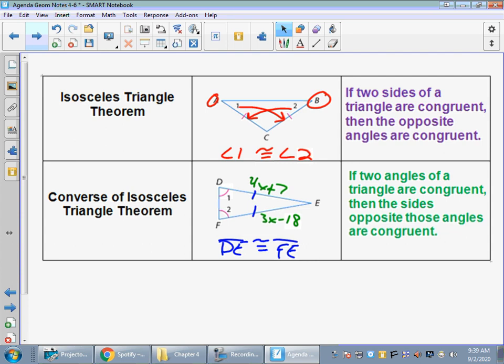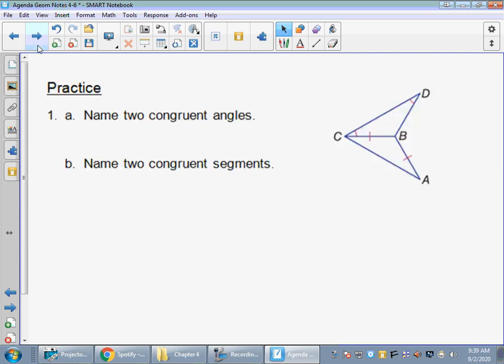Okay. First practice problem here just says name two congruent angles. Okay, so two congruent angles based on what we know. Because we know that in this case, if this side CB here is congruent with this side here, then we know that the angles opposite those would have to be congruent as well.